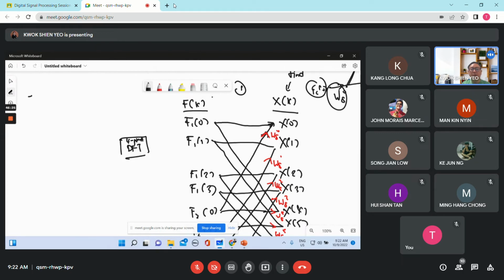So if I draw it correctly, it should be like this. There's a DFT, it's 4-point.